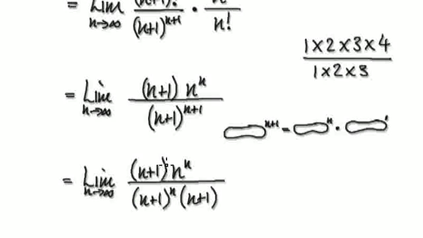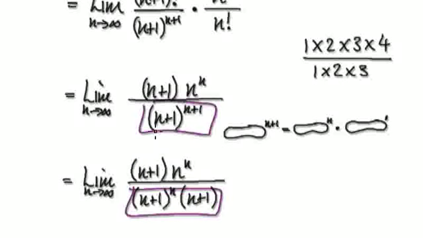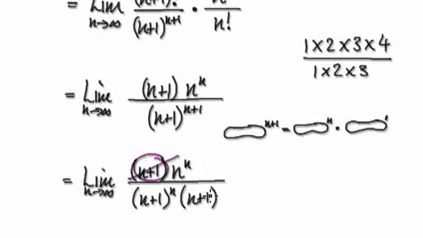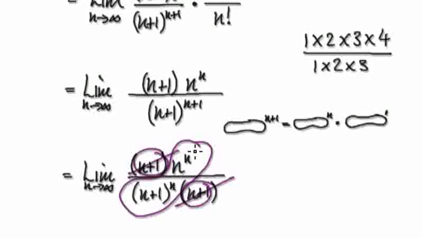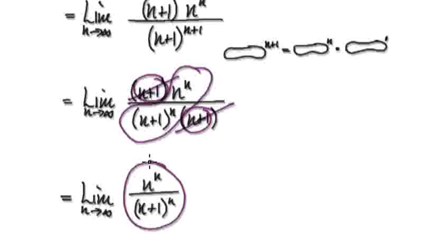Then this cancels out with this, and these two stay the same. Now this cancels with this, leaving you with this.